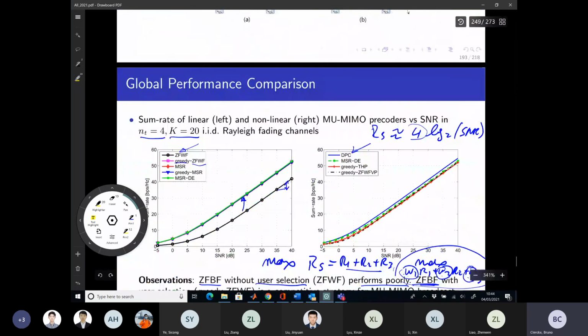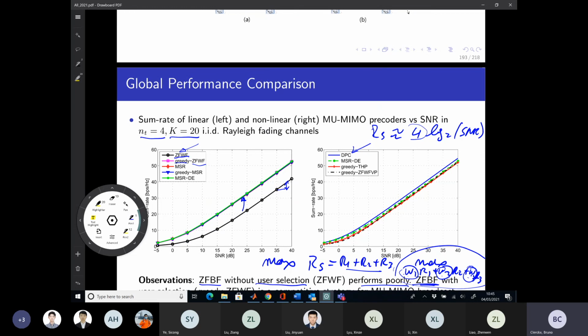Strictly speaking, this here means zero forcing beamforming with water filling power allocation, right? So actually, this black line is not zero forcing beamforming with uniform power allocation, it is zero forcing beamforming with water filling. But the gap is not so significant, so that's why I have not talked about it.